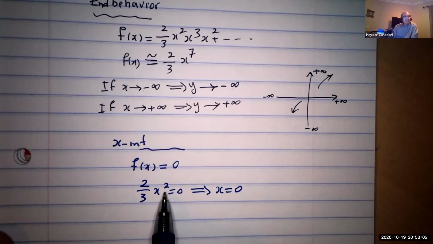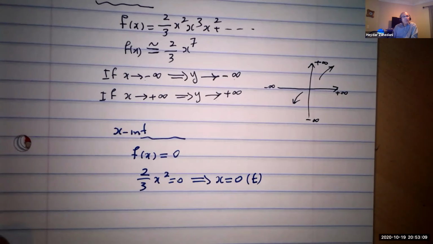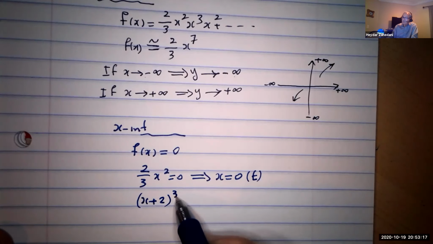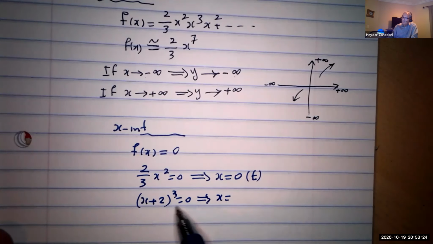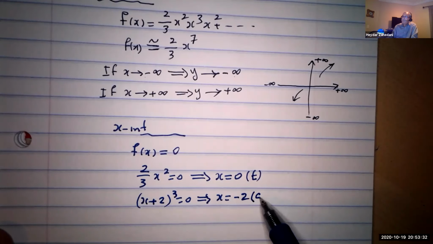The power is an even number, so it touches the x-axis at this point. The second factor is x plus 2 to the third, so x would be negative 2. The power 3 is odd, so in this case it crosses.